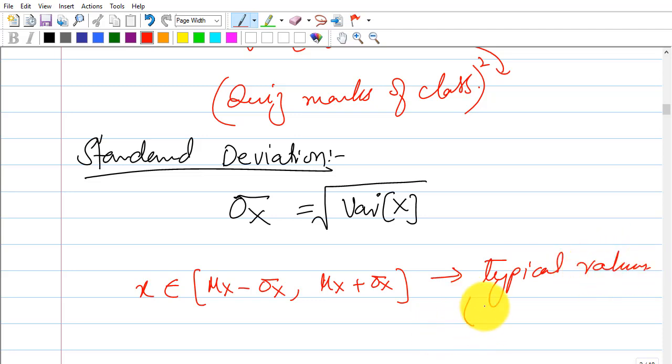These values lie within one standard deviation of the expected value.